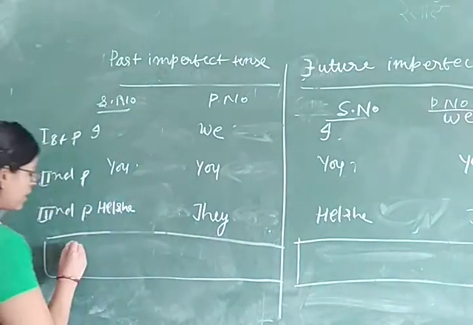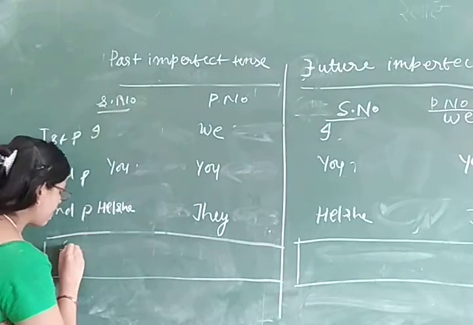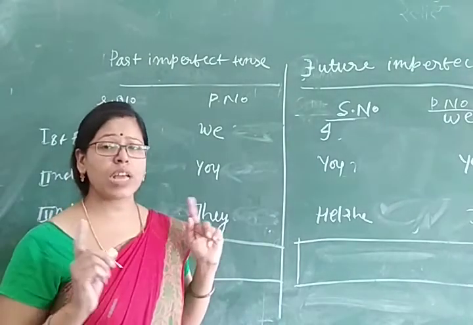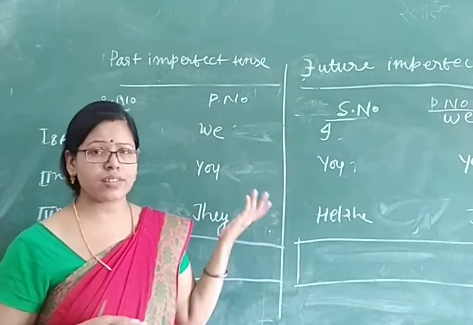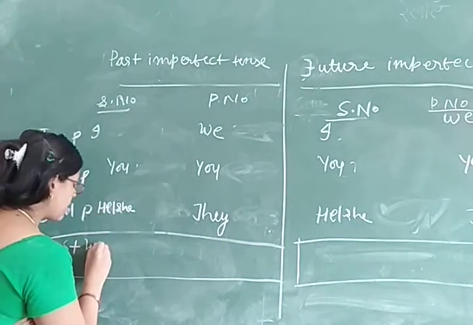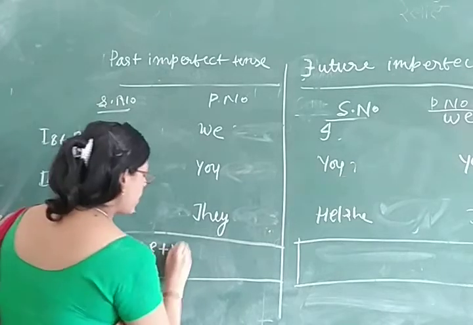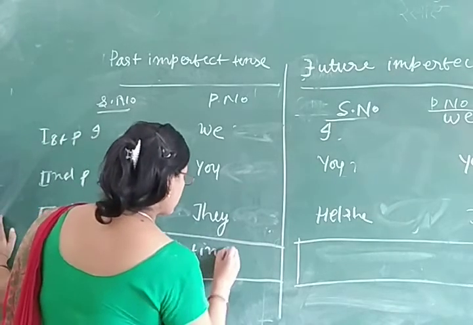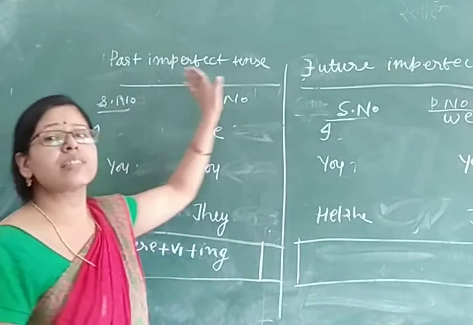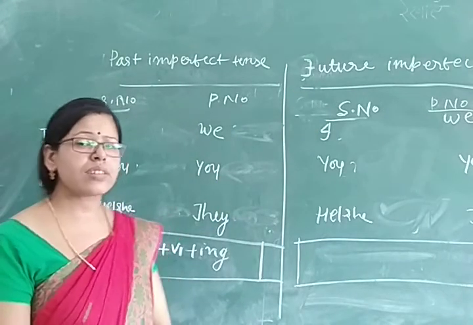Every time we will write here subject and then the helping verb. What are those helping verbs which we use in this tense? Was and were. So we will write here subject plus was or were plus V1 plus ing. This is the structure of past imperfect tense, which is also known as past continuous tense.